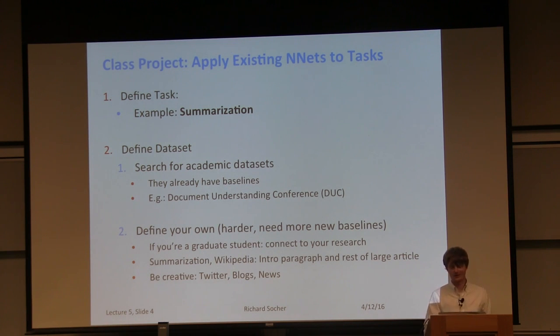And so in our case, for instance, if you wanted to build a summarization algorithm, you might say, well, I'll download Wikipedia and I'll try to summarize the Wikipedia page, the entire page, from just the intro paragraph, or the other way around. From the entire page, I basically produce the summarization that is just the introduction paragraph.